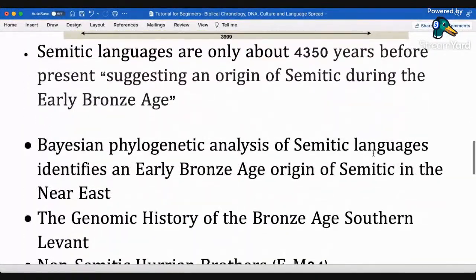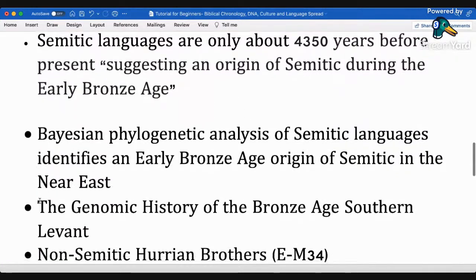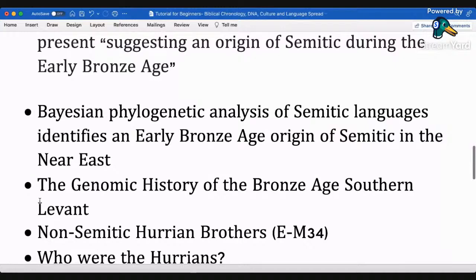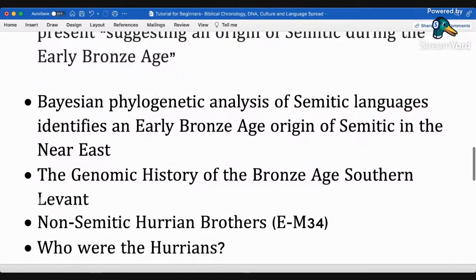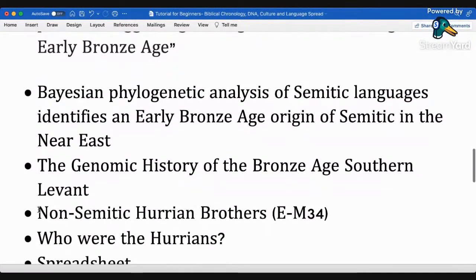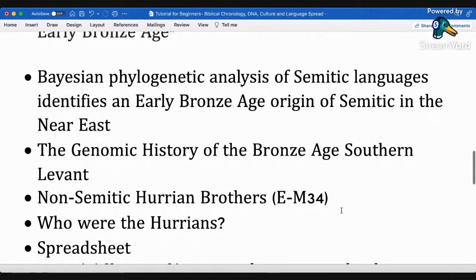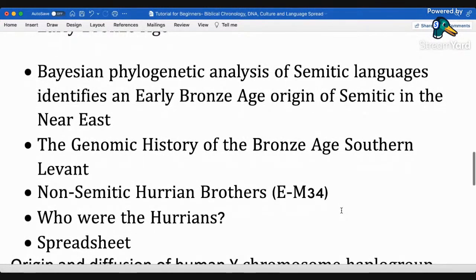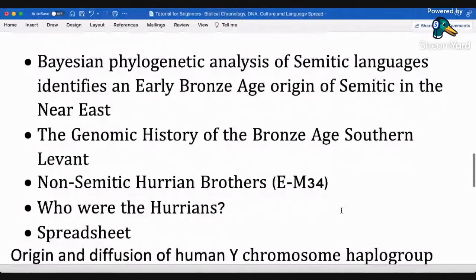I'll be discussing articles as I show them. And this one is really important, the non-Semitic Hurrian brothers, because they were found to bear E-M34, which is under E-M35, which is known as E1b1b.